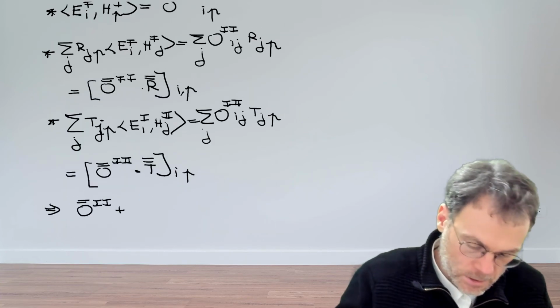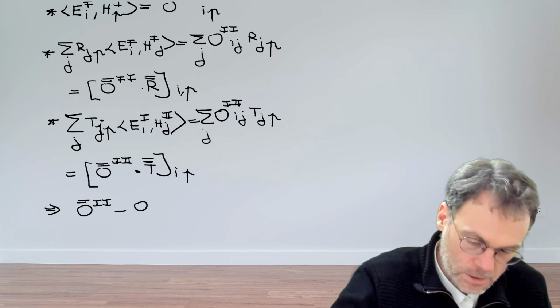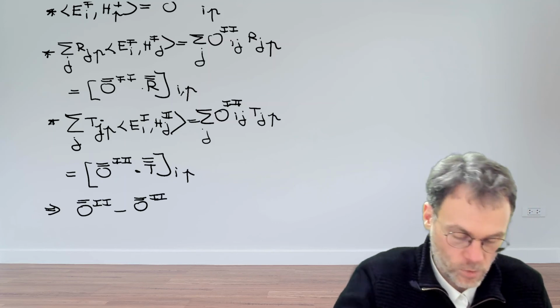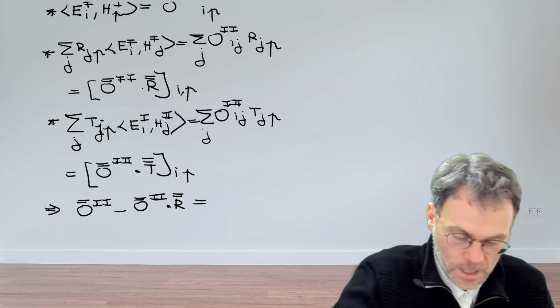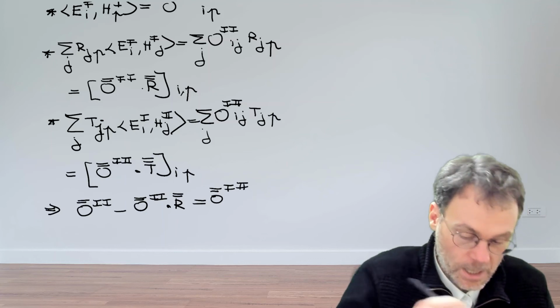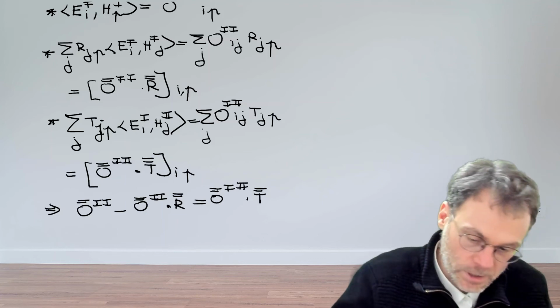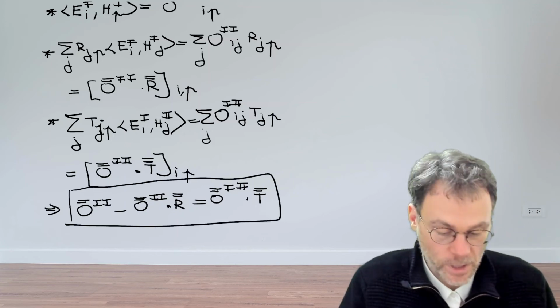So minus what we have up there, the overlap between medium 1 and medium 1 multiplied by the reflection matrix is the overlap matrix between medium 1 and medium 2 times the transmission matrix. Okay, a lot of work, but we finally arrive at this equation over here.